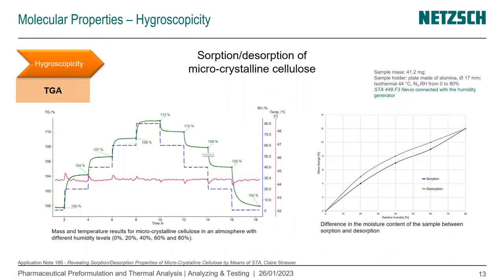Another example regarding the hygroscopicity, or the absorption analysis. Dynamic vapor sorption is one method to determine the influence of humidity on a substance's behavior.